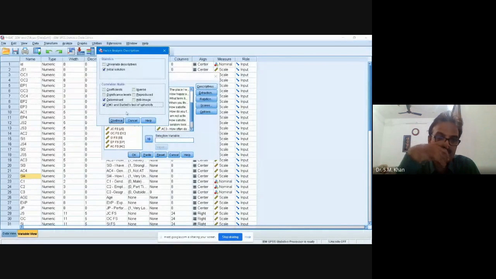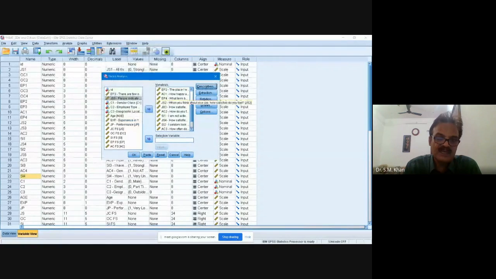If items are related, then only you can go for the factor analysis. If items are not related, then you will find it difficult. And the correlation matrix or relationship has been established using the reliability analysis also. You have already seen that. Okay, so you will select these two. You can also go for the univariate descriptive.